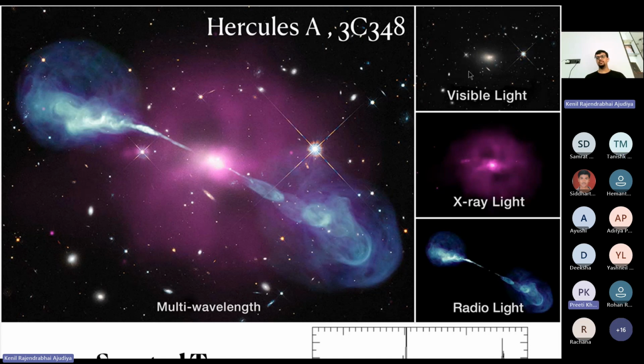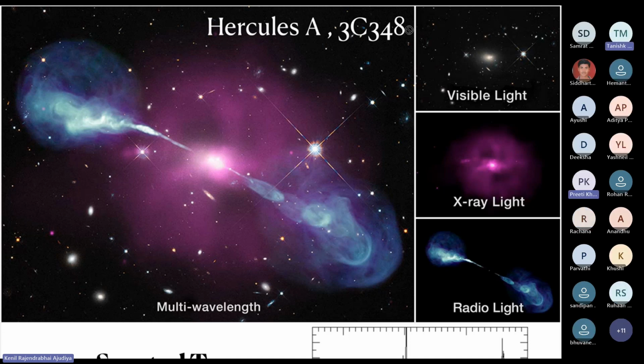As you can see in this image itself, the scale of these cavities is much larger than the host galaxy. So this is definitely in the galaxy clusters. These cavities are produced in the intracluster medium actually. But also sometimes you see cavities even on smaller scales, even within the host galaxies.